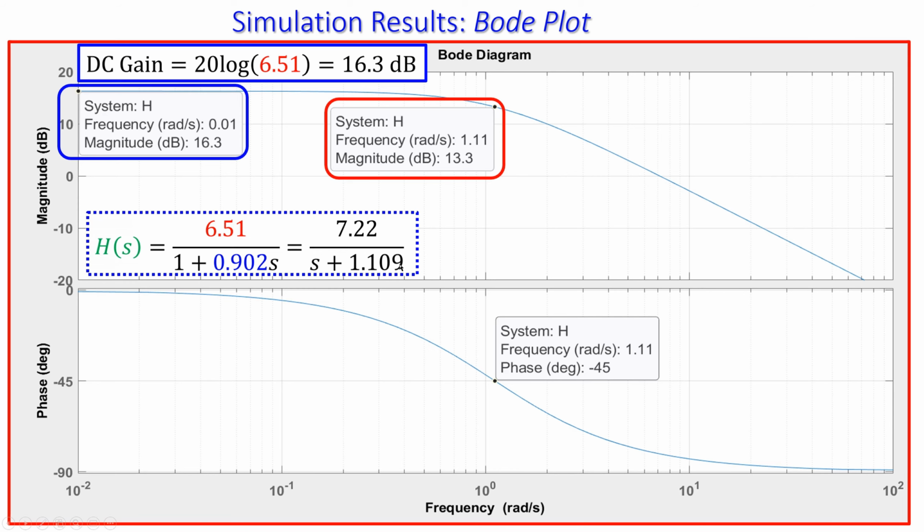So the pole frequency of a first order system is also the cutoff frequency of your system, and that's the confirmation. As an additional confirmation, the phase at that same frequency is minus 45 degrees. This is always the case for a first order system without delay or any zeros. So that's what we have here.